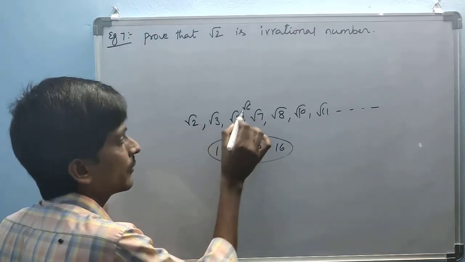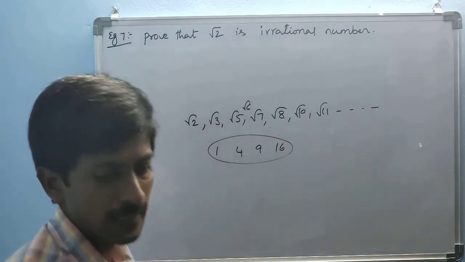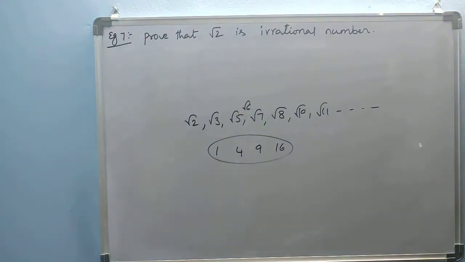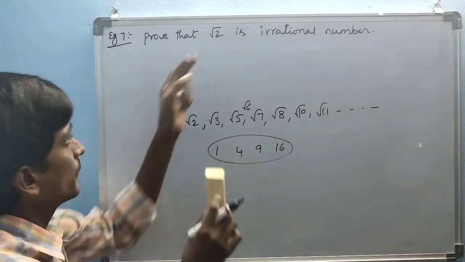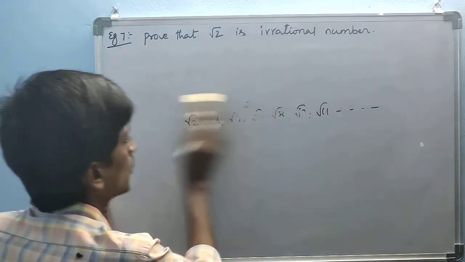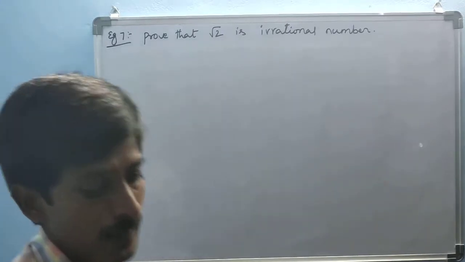Root 2, root 3, root 5, root 6, root 7, root 8, root 10, root 11 and so on are called irrational numbers. So, how to prove that root 2 is an irrational number? Now, I will try to prove that root 2 is an irrational number.